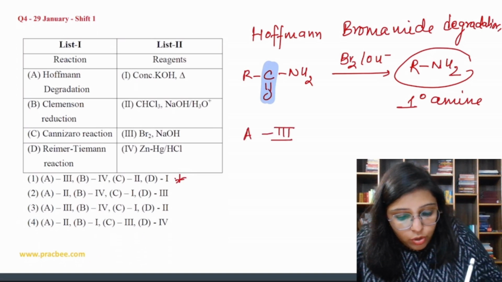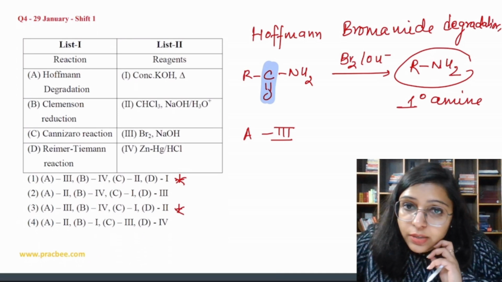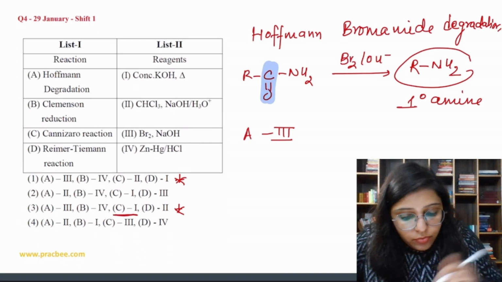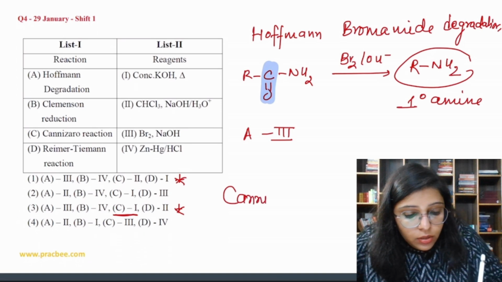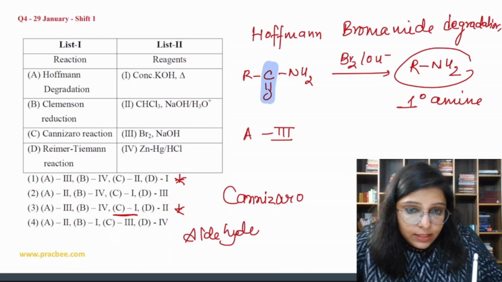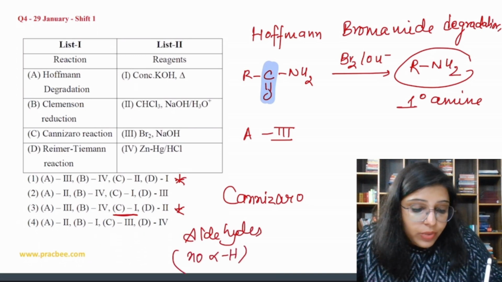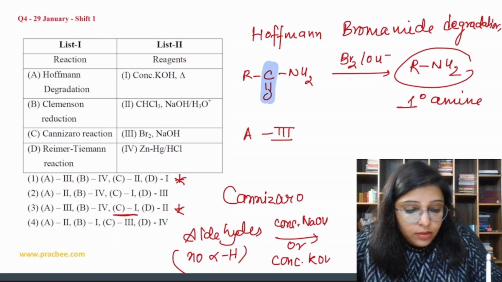Now we have only two options with respect to 1 and 3. Now let's do that one which is different. So let's take C. C is different now. So C, Cannizzaro. So Cannizzaro, aldehydes which do not have alpha hydrogen undergo Cannizzaro reaction, and we require concentrated NaOH or concentrated KOH for that, right?